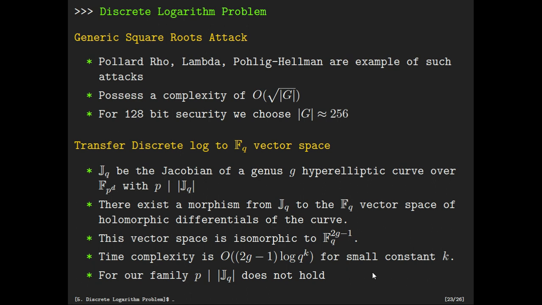There exists a morphism from JQ to the FQ vector space of the holomorphic differentials of the curve. This vector space is isomorphic with FQ to the g minus 1. However, for our family, this attack is not feasible because P does not divide JQ. If such a case occurs, we discard the curve.